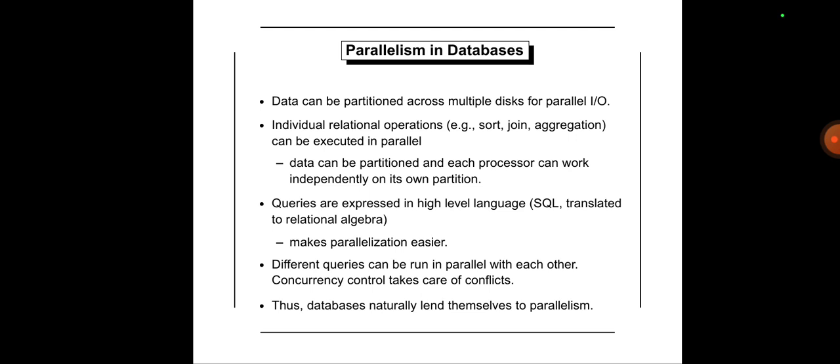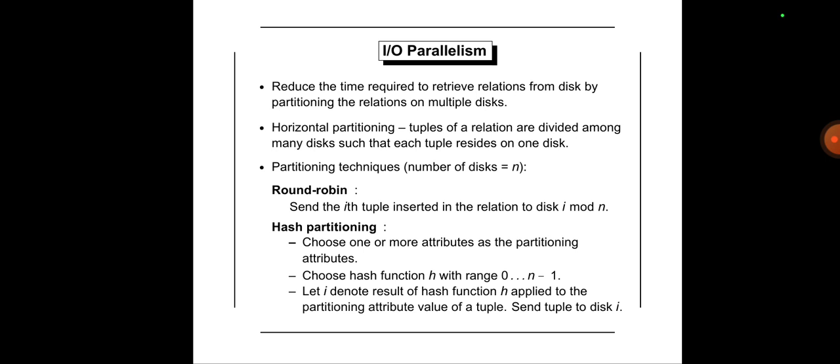Different queries can be run in parallel with each other. Concurrency control takes care of conflicts. As microprocessors have become cheap, parallel machines have become common and relatively inexpensive. Thus, databases naturally lend themselves to parallelism.